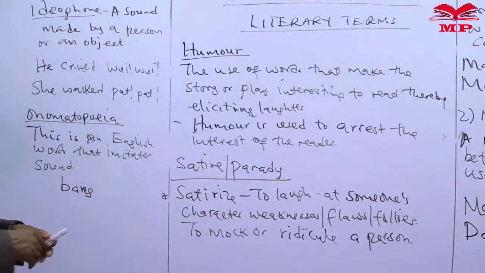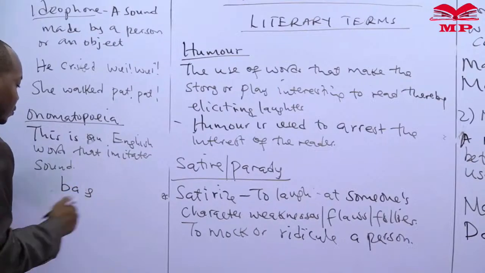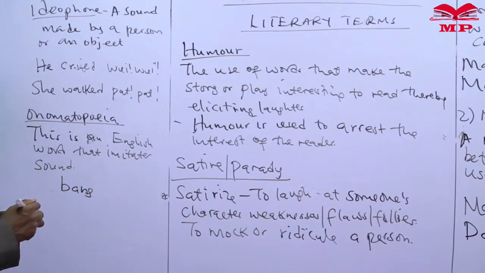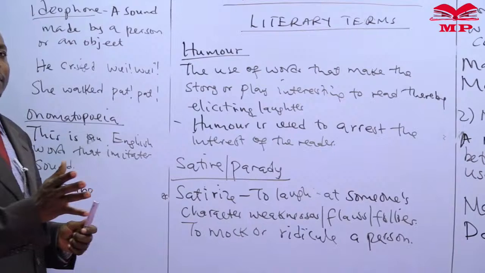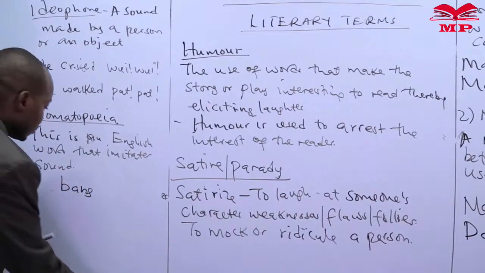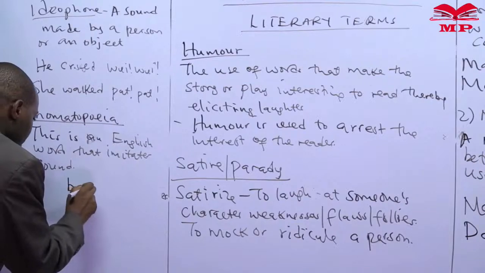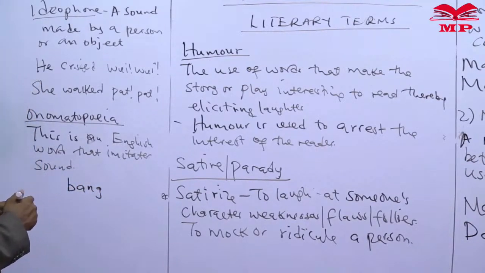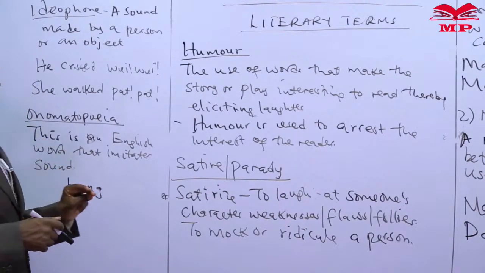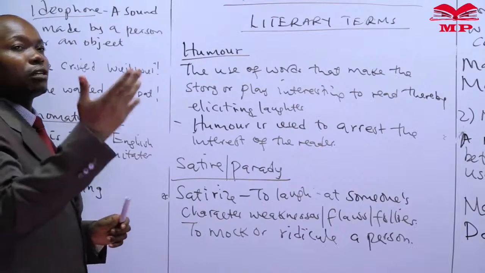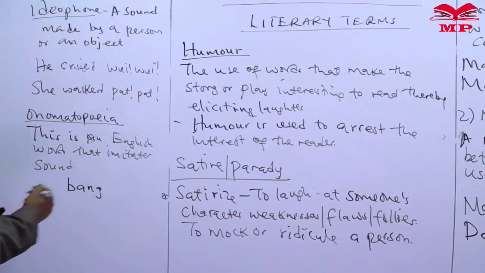And the sound made by the door is that of bang. So the word bang, we say is onomatopoeia because it imitates the sound made by someone when he's closing the door.